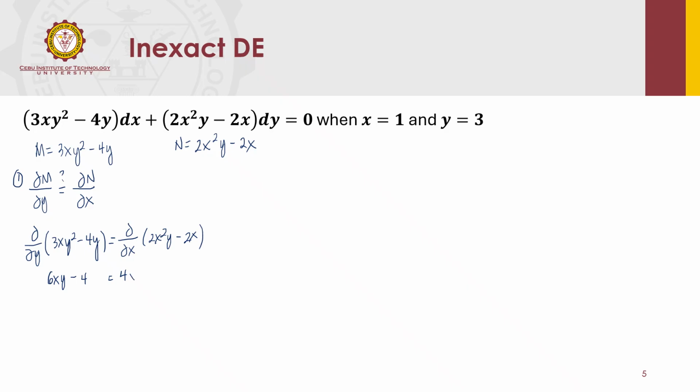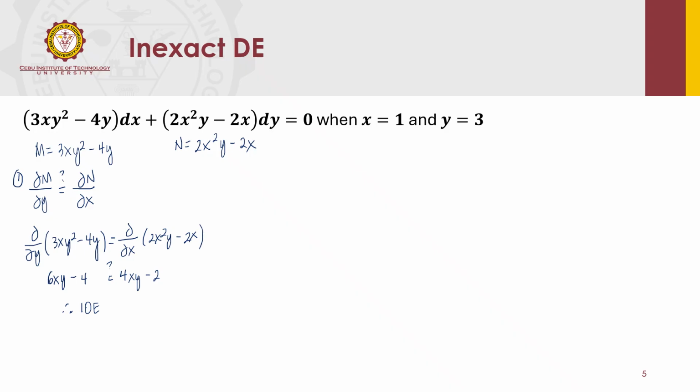And then for the second term, that's minus 2. So obviously, the left side is not equal to the right side. Therefore, it is an inexact DE. So I'll just write IDE.